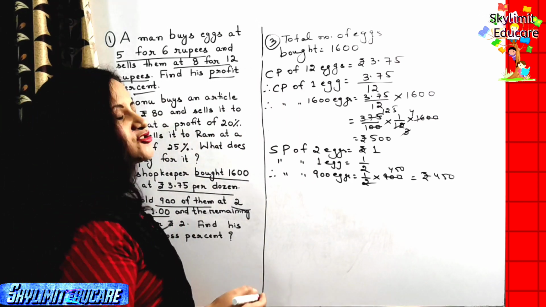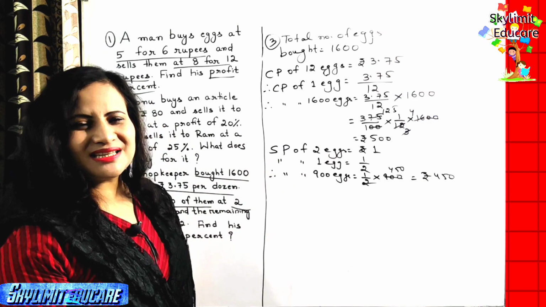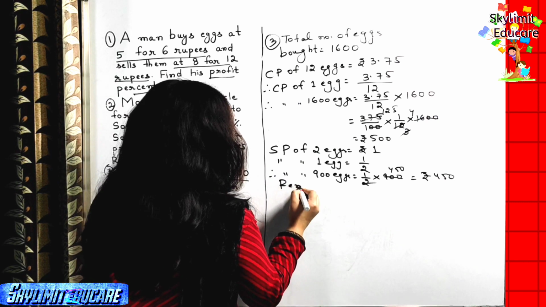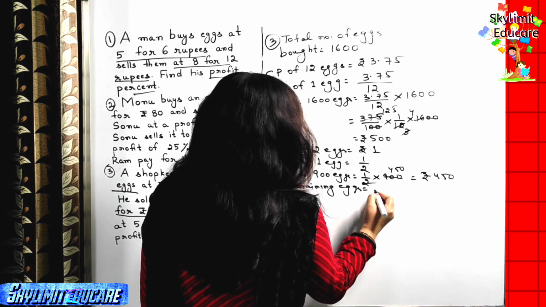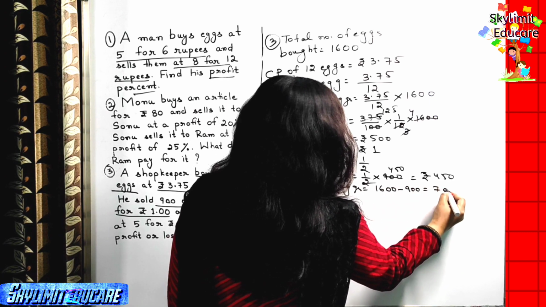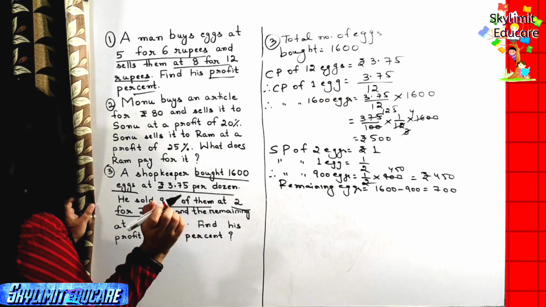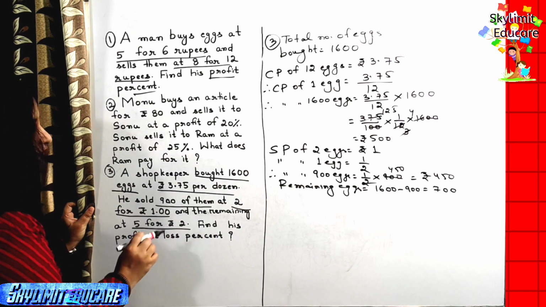And then the rest. So how many eggs remain now? Total 1600 eggs were there. Obviously 700 eggs. So remaining eggs: 1600 minus already 900 he has sold, that is equal to 700 eggs. Now at what price? At 5 for rupees 2, the remaining at 5 for rupees 2.